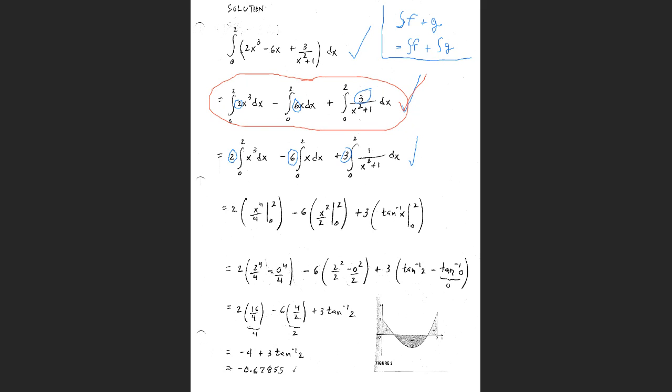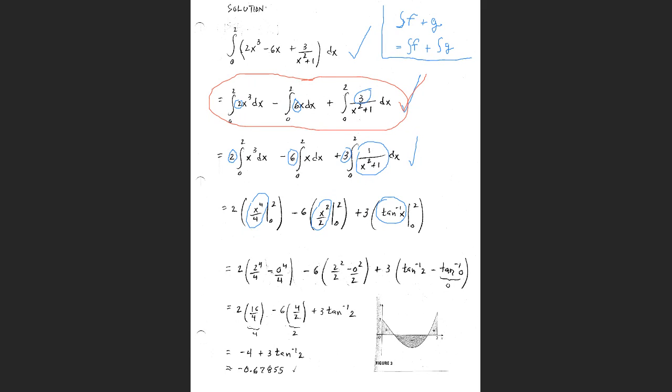Okay. So now it's time to get the antiderivatives. The antiderivative of x cubed is x to the 4th over 4. The antiderivative of x is x squared over 2. And the antiderivative of 1 over x squared plus 1 is the arctangent of x.